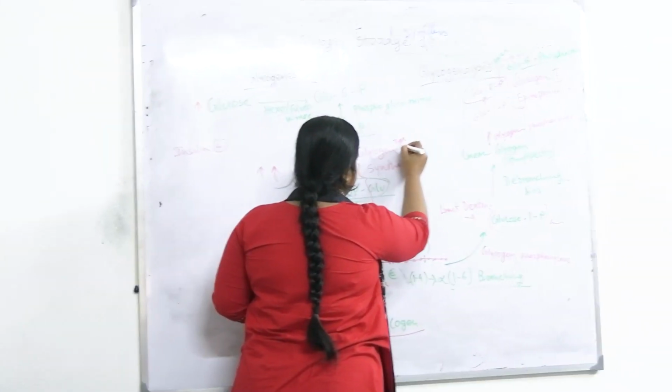Among them they are classified into various types, mainly 7 types, and there are 9, 10 and 11 also. So it starts from type 0. Type 0 is deficiency of glycogen synthase enzyme.